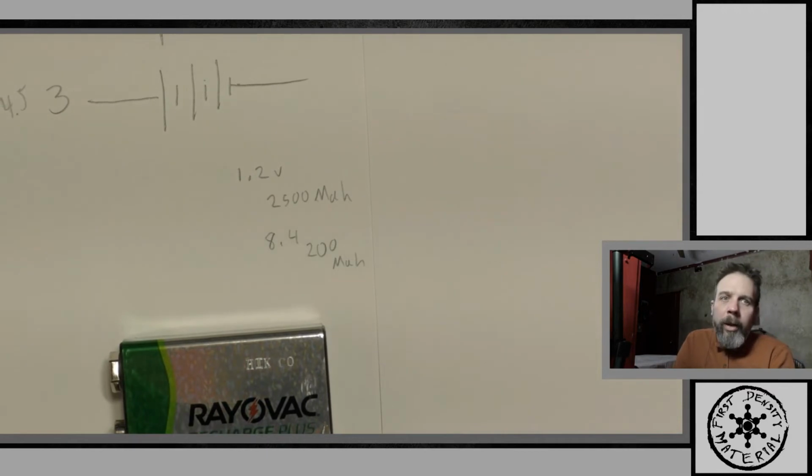Another reason I like rechargeable batteries for beginning students is they're very forgiving. They last a really long time. And let's say you were to use them to power something, they last longer, and they don't burn things out as easily as a regular battery.